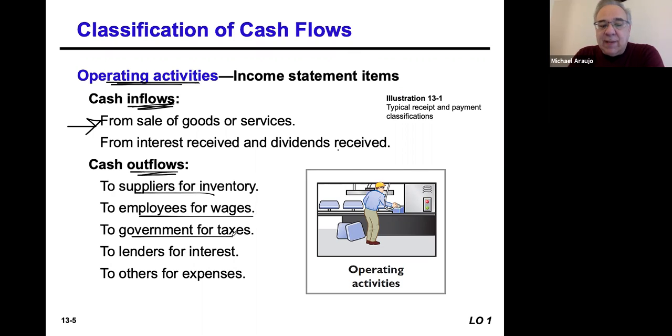Sending tax payments to the government, it's cash going out. Paying lenders for interest, that's also cash going out. And paying any other type of expenses tends to involve cash going out. So again, we're looking at cash flow from that perspective: what's coming in, what's going out, specifically for cash. So those are the operating activities that are involved.